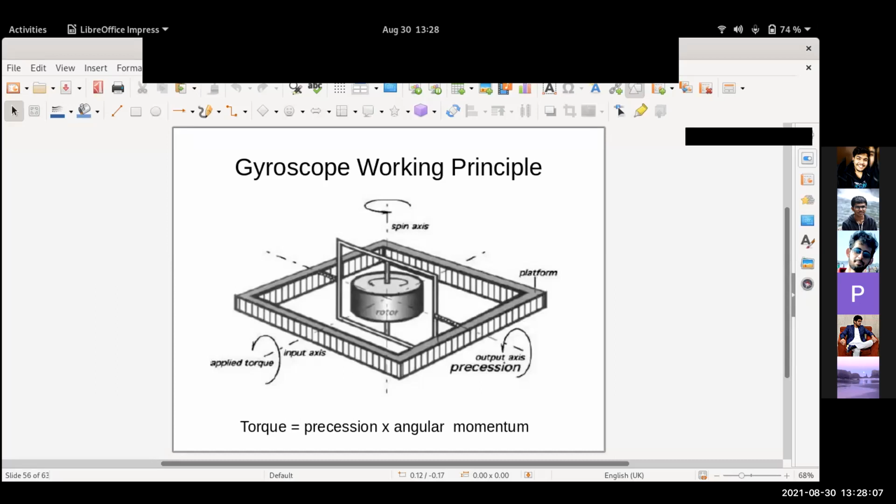There are something called slip rings. Slip rings are something through which you can pass electrical contacts through the rotating mechanisms.